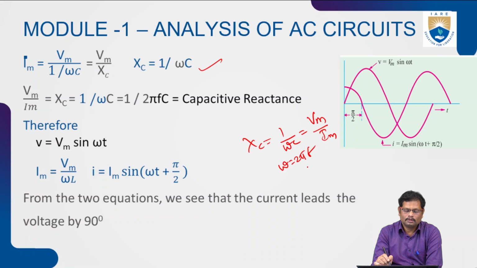Also 1 by omega C is 1 by 2 pi fC, where Xc is called capacitor reactance in ohms. Therefore, V equal to Vm sin omega t, and I equal to Im, where Im equals Vm by Xc, and I equal to Im sin(omega t plus pi by 2).